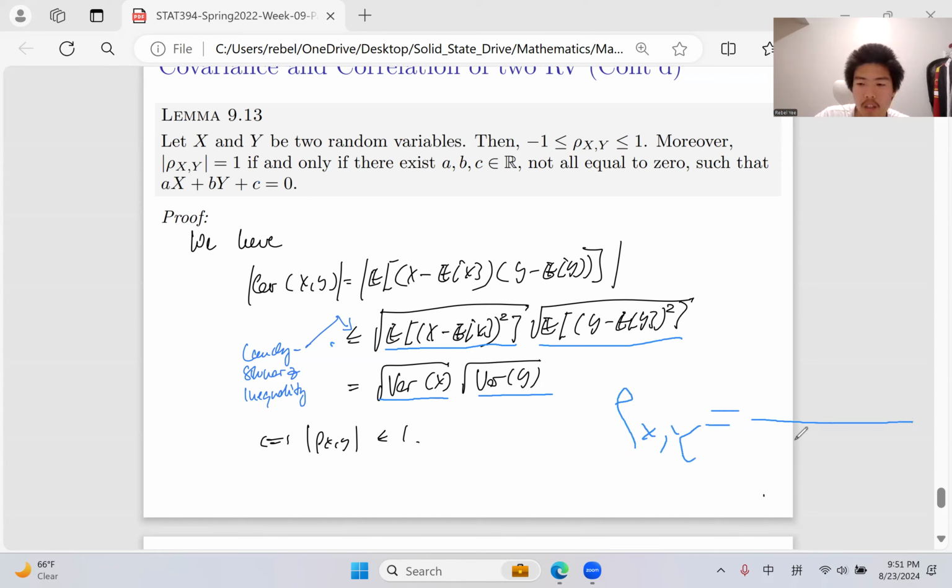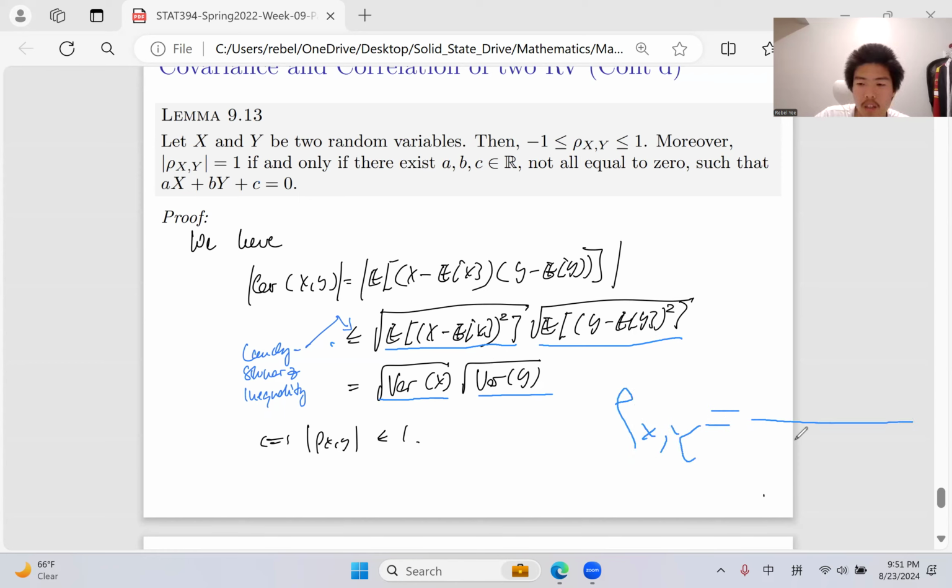And this absolute value is smaller or equal to 1, because the numerator is smaller or equal to the denominator, and the denominator must be positive. As a result, when we get out of the absolute value, it's -1 smaller or equal to rho xy smaller or equal to 1, and then we are solved.